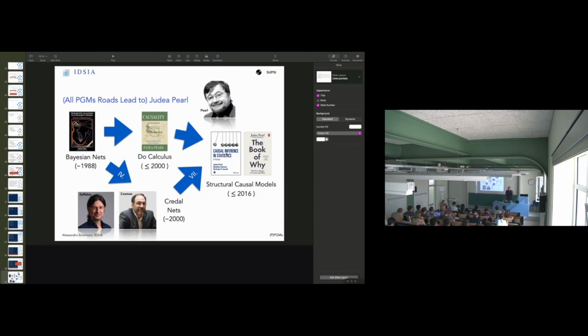Now I will start to move to the imprecise probability extension of these ideas. And this is a kind of short story of these graphical models, including also the imprecise probability versions. So this was a long time ago, the first book formalizing all the ideas on Bayesian networks.